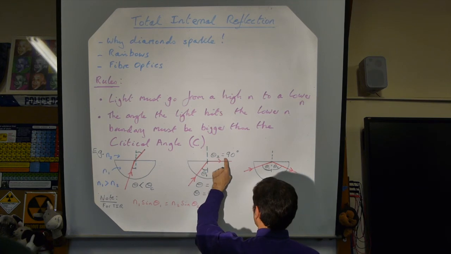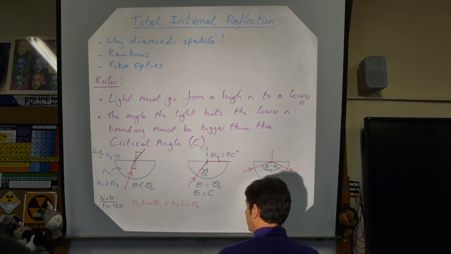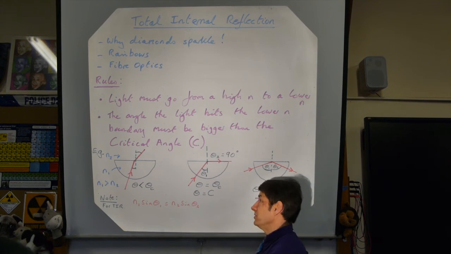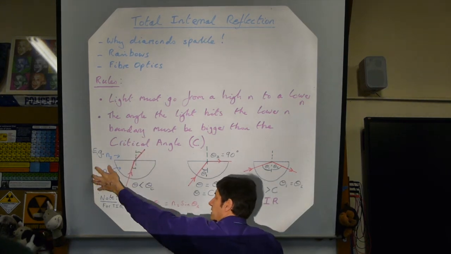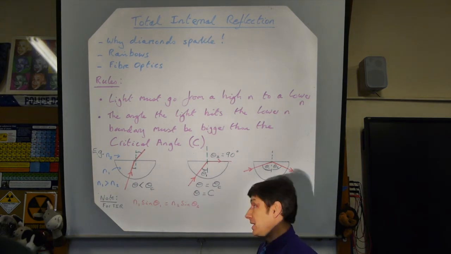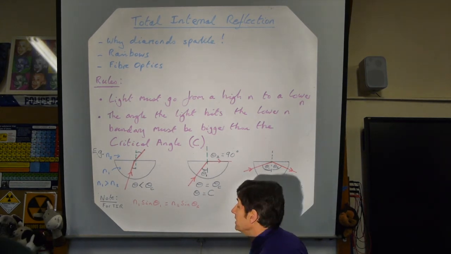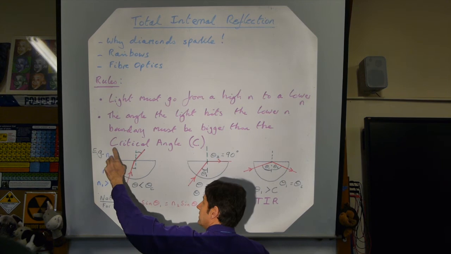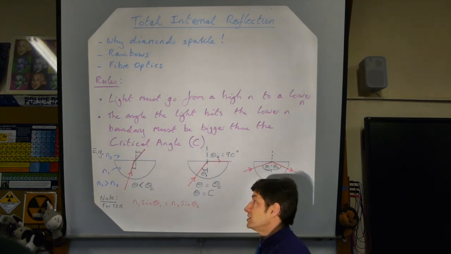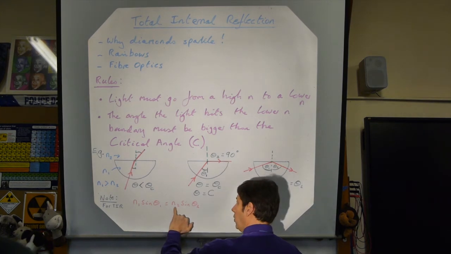Firstly, look at theta 2, it's 90 degrees. So that sine is going to turn into the number 1. The second thing is when we're outside here, we normally consider that to be air or a vacuum, typically air in my laboratory, of course. So n2 has the light basically going at the speed of light. In other words, n2 is the number 1.